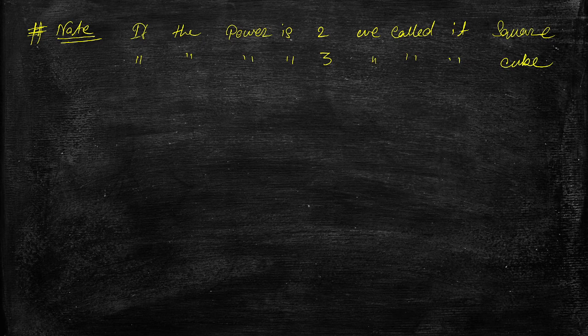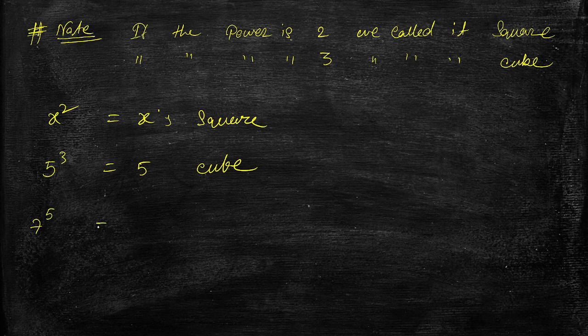From 4 onwards till infinite, we say to the power of that number. Suppose there is x squared, we don't say x to the power 2, we just say x square. Or maybe there is 5 to the power 3, we'll say 5 cube. But if there is, suppose, 7 to the power 5, we'll say 7 to the power 5.